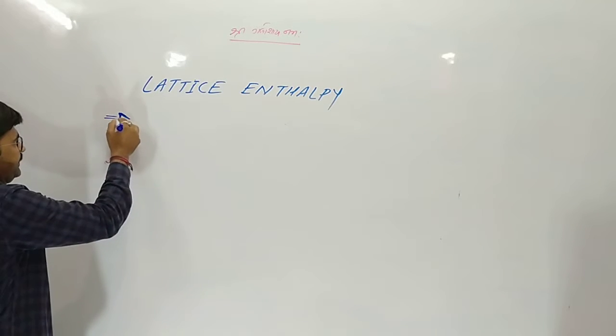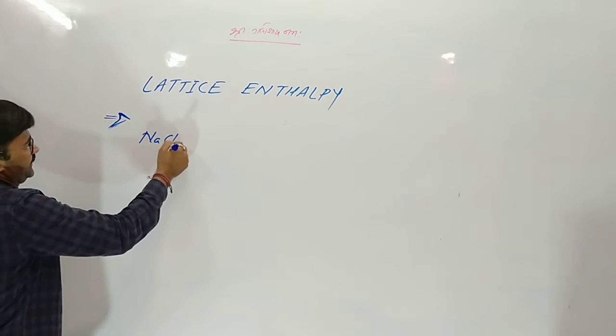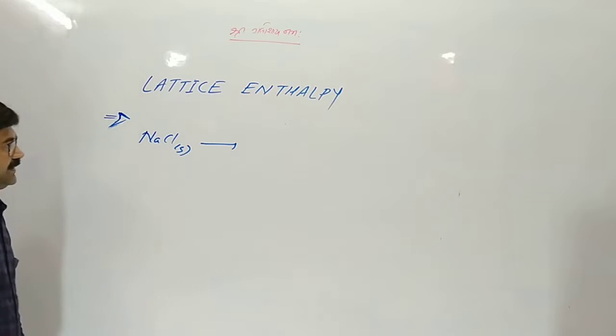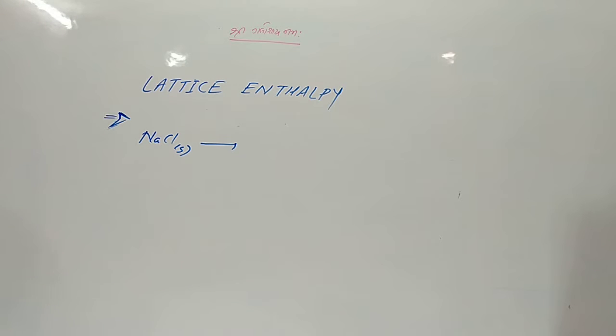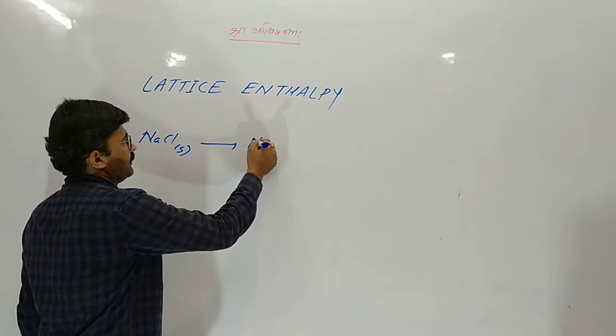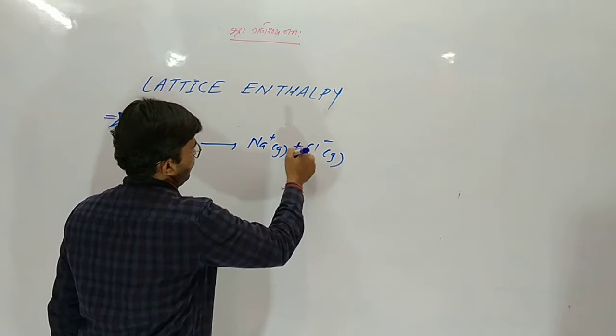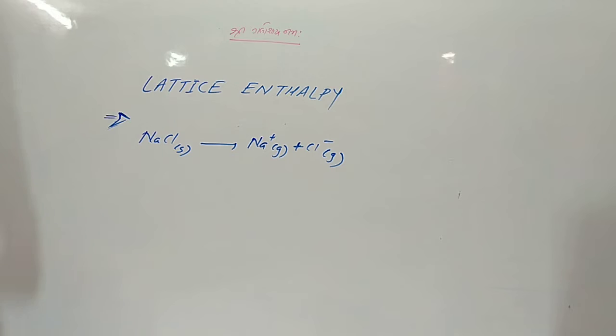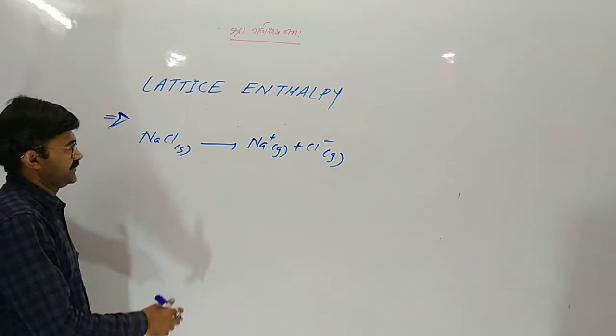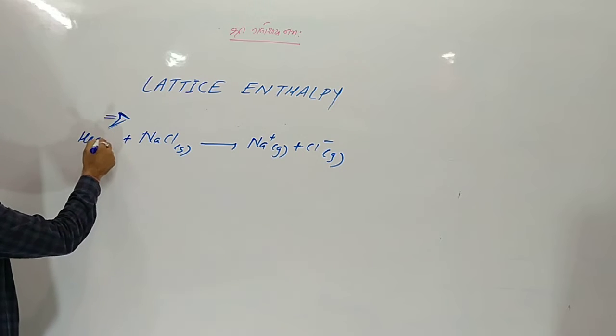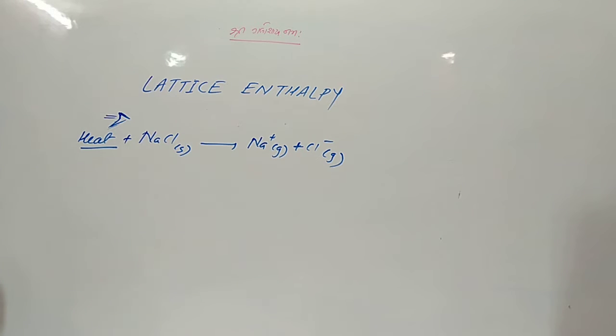Now breaking of the lattice: when we take 1 mole of solid NaCl and completely separate it into 1 mole of Na plus ion and 1 mole of Cl minus ion in gaseous state, heat will be absorbed.